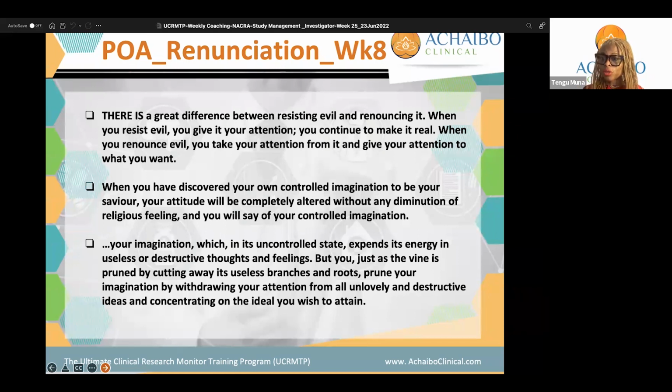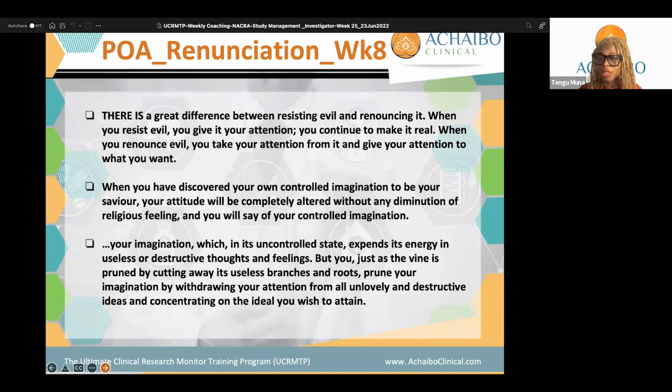Whatever you consider your savior is your imagination. Remember, we talked about how your imagination lifts you above those dark thoughts, right? When you imagine something different, you're lifted from the dark thoughts, or it's like a tide that lifts you up and then carries you onto a new destination of your life. So your imagination is important.